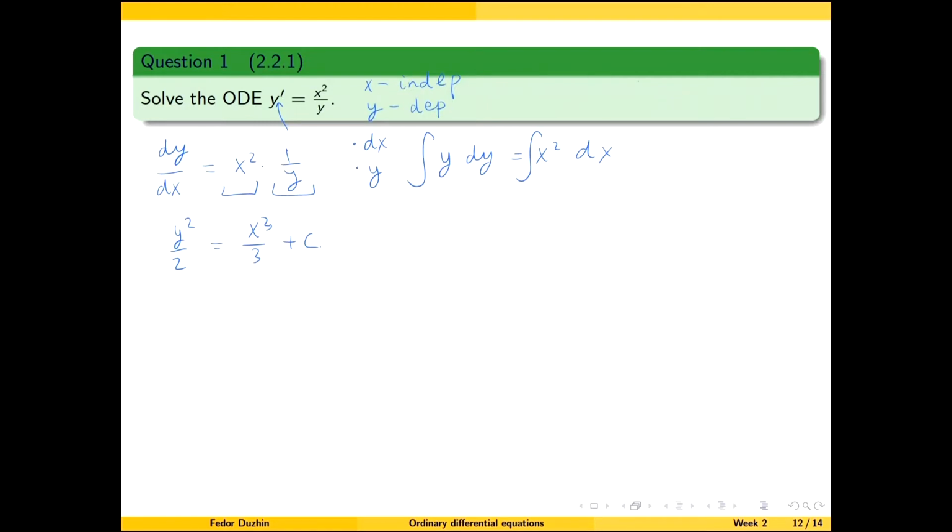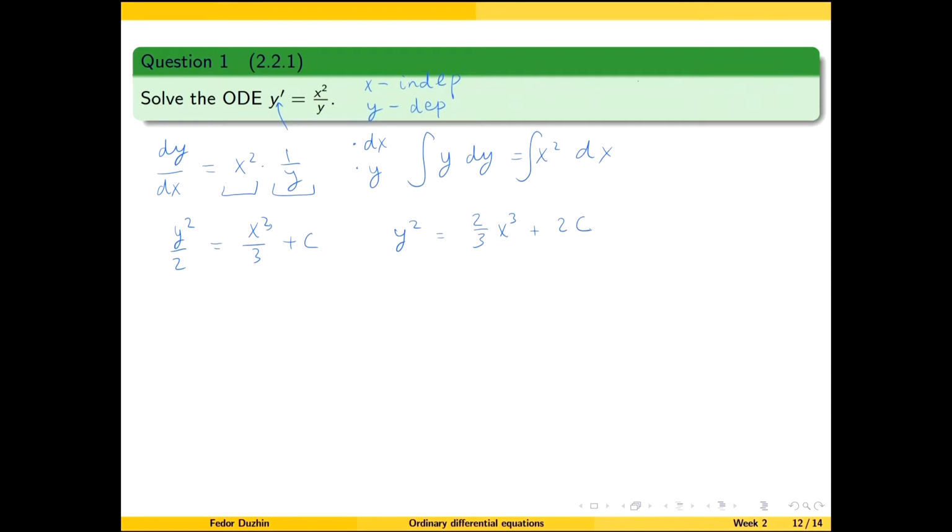Then in order to solve for y, the first thing we need to do is multiply by 2. So let's solve for y squared first. y squared equals 2/3 x cubed plus 2 times c.